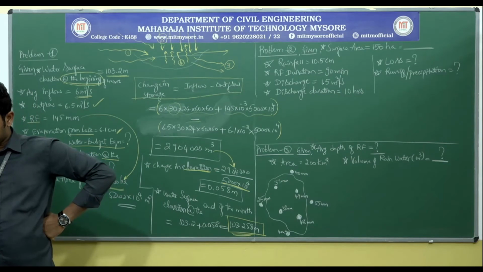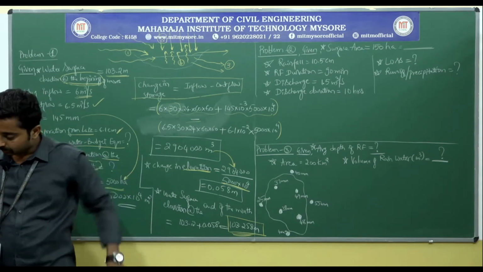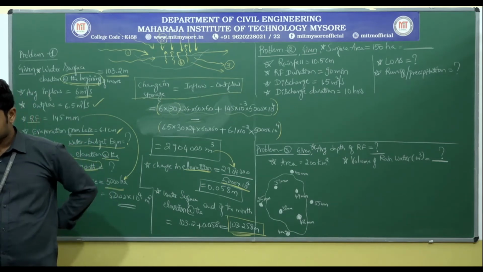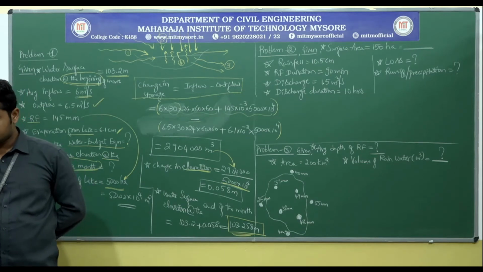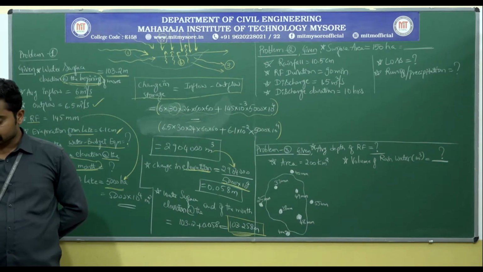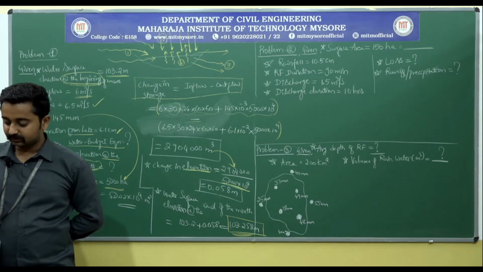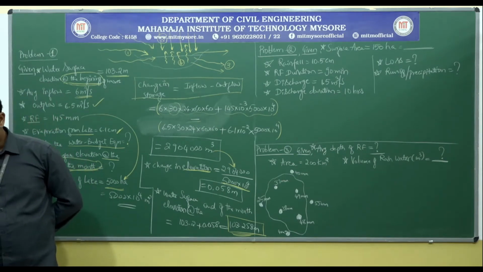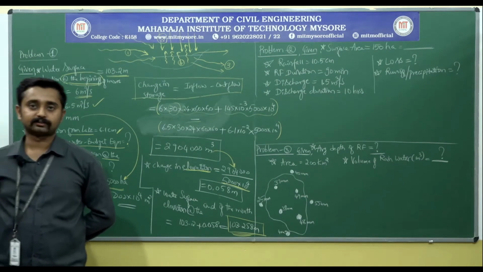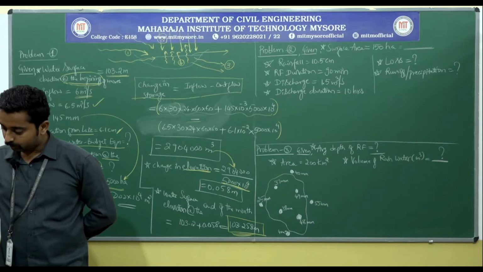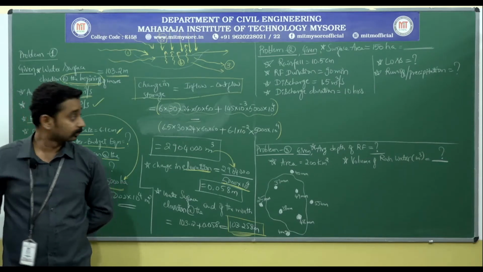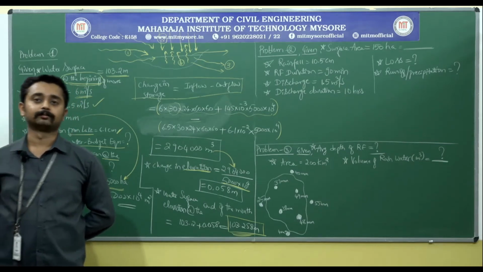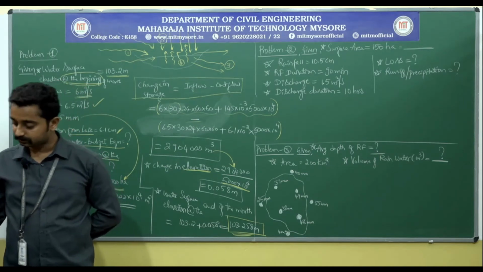At the outlet of the catchment, the stream draining the catchment was dry before the storm and experienced a runoff lasting for 10 hours with an average discharge of 1.5 meter cube per second.